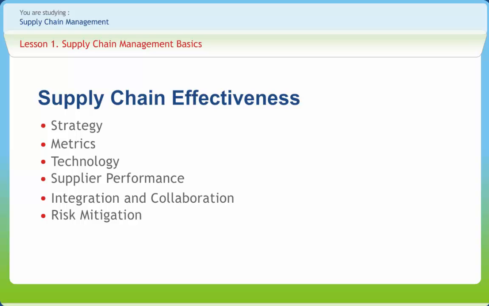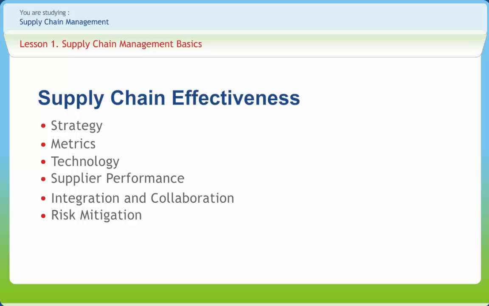Supplier performance, or the lack of it, can create havoc on revenue, inventory, and profitability. Thus, the better the supplier performance, the more efficient the industry. The supply chain process requires integration throughout the organization and collaboration with key supply chain participants to provide focus and resources to the total supply chain.